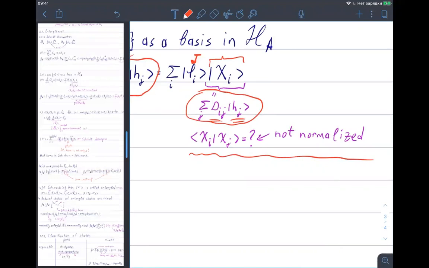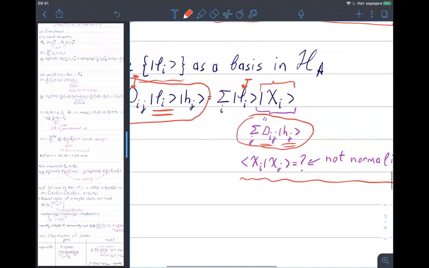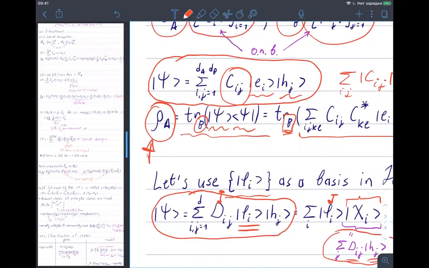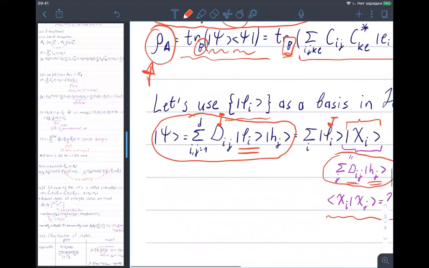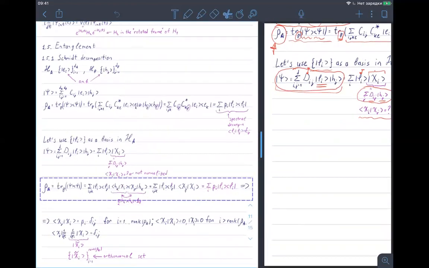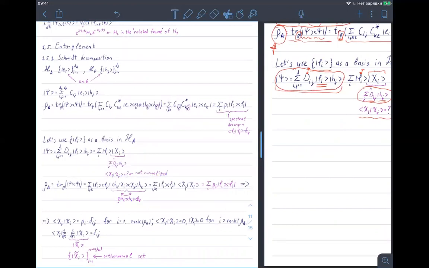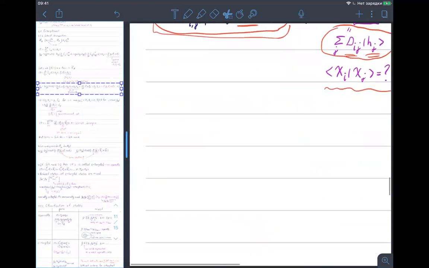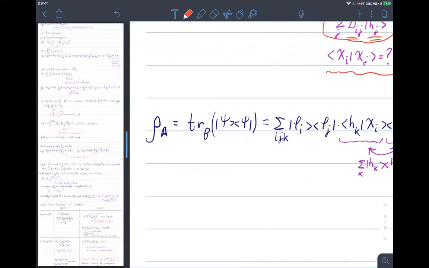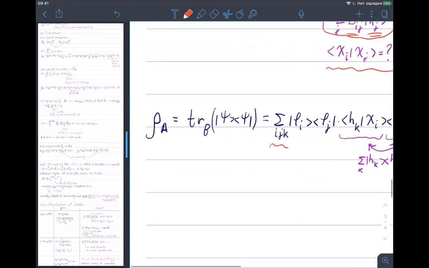Okay, so we consider this form, and let us compute the density matrix of our particle A once again, with respect to this new form. I just take my new form and write its partial trace, as usual. Again I have a summation over a number of indices.